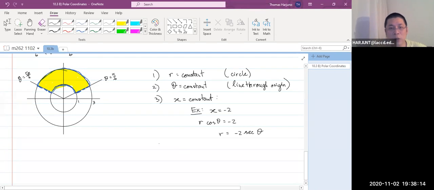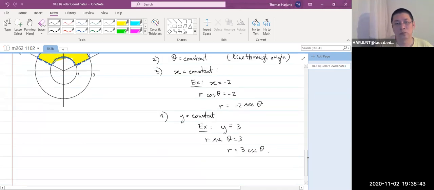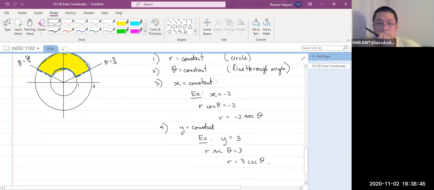Now you will see when y equals a constant, then you will have cosecant. y equals, let's say, 3, r sine theta equals 3, so r equals 3 cosecant theta. Okay, more.